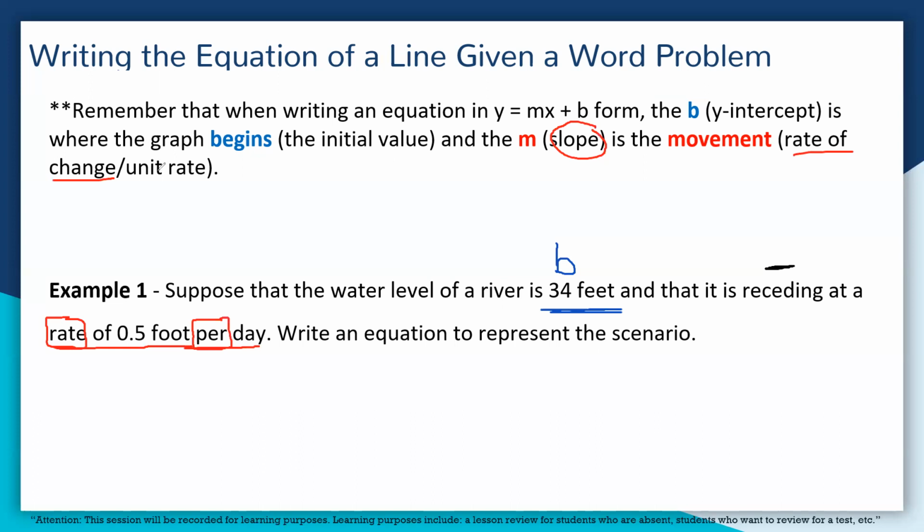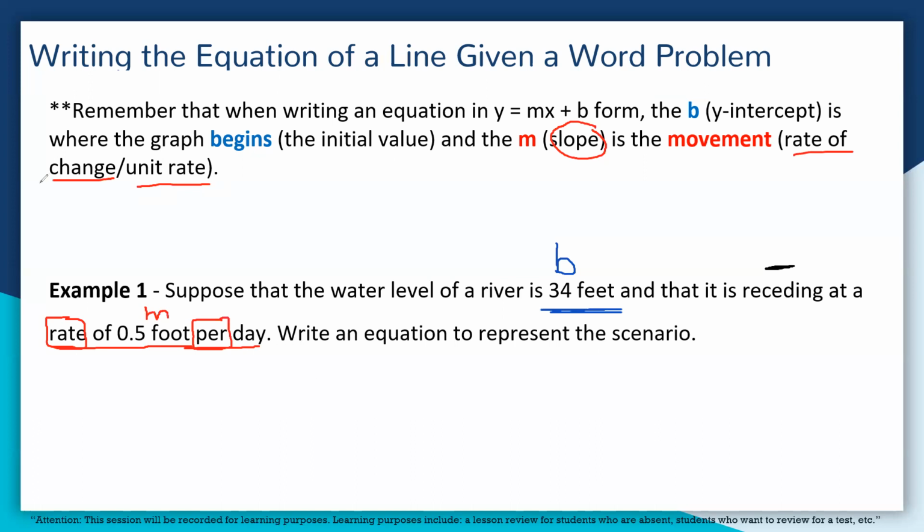If you recall back to the very beginning of this unit when we talked about unit rates, it's the rate per 1 unit. Well, this is telling us that it's going half a foot per 1 day. So that word per there helps lead us to, hey, this is our unit rate. This is our slope.